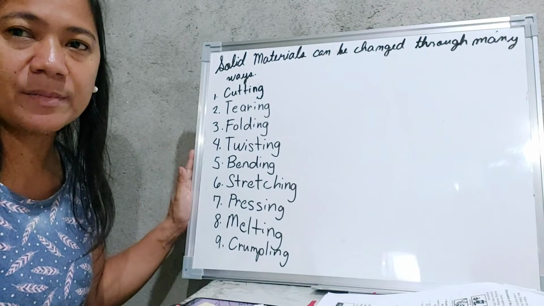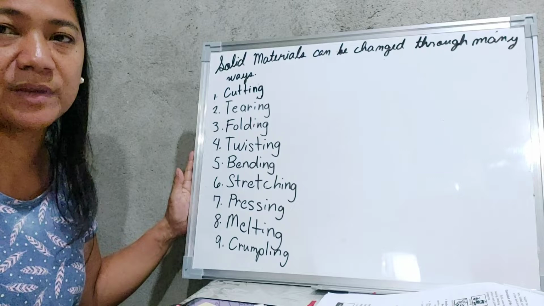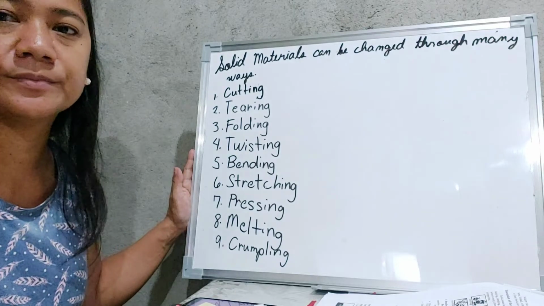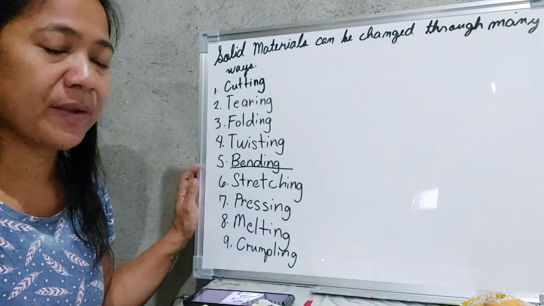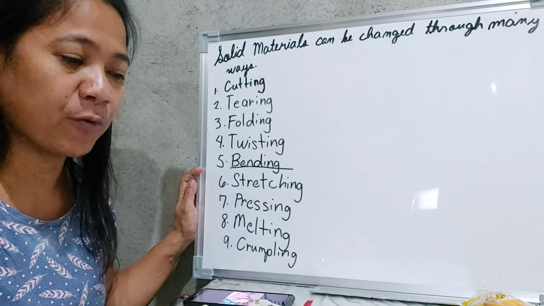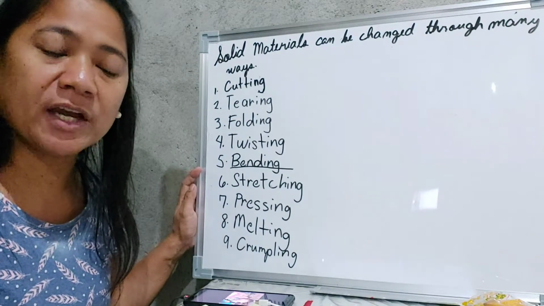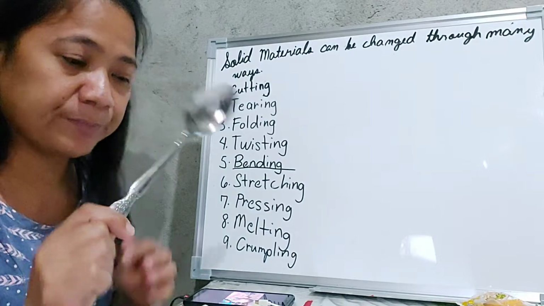So these are some examples of how we can change solid materials into something new. In number 5, we have the word bending. So what is bending? Bending means using a force to cause an object to become curved, just like what I did to the spoon.